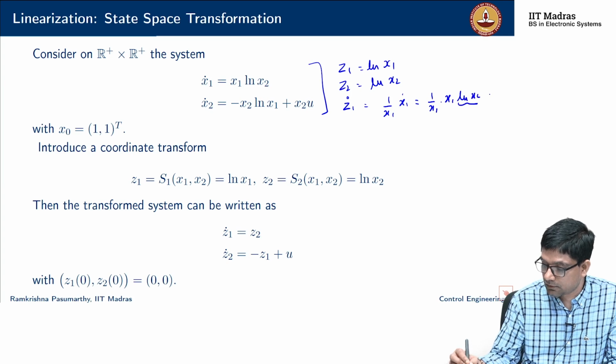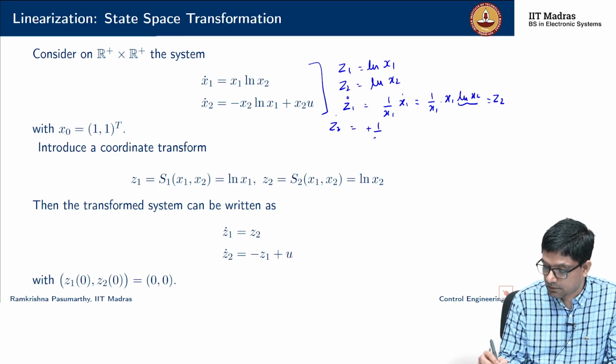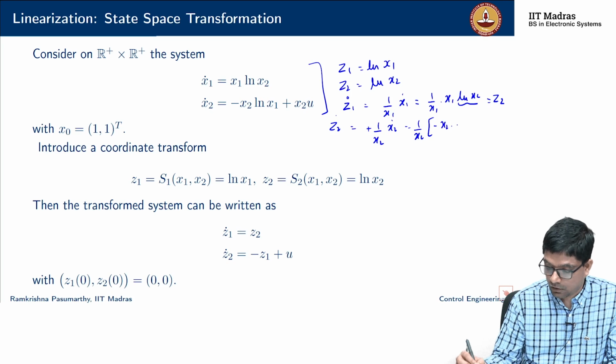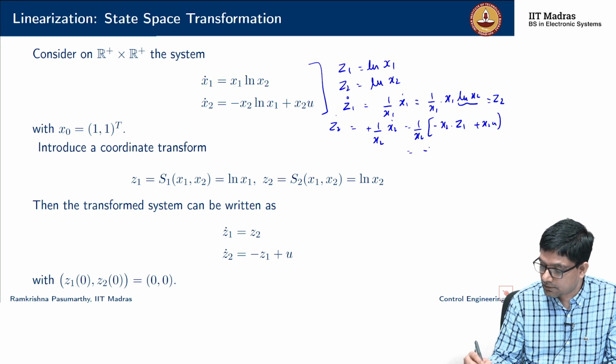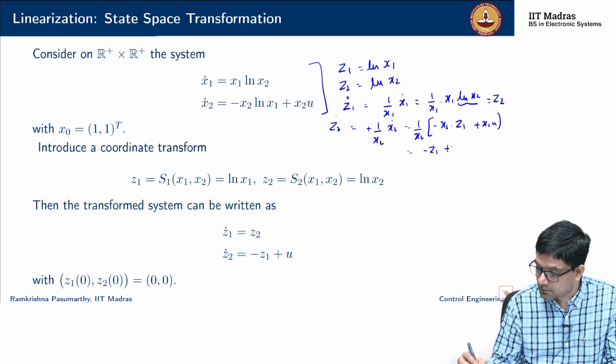What is the log of x2? This is z2. z1 dot is z2. Similarly, z2 dot will be 1 over x2 times x2 dot. What is x2 dot? This is 1 over x2 times minus x2 log of x1, which is minus z1, plus x2 times u. What I am left with is the negative of z1, x2 goes away. So I will be left with plus u.